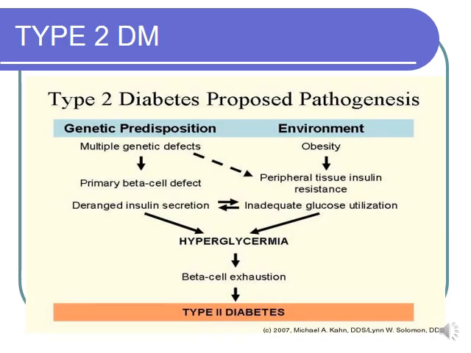Coming to type 2 diabetes pathogenesis, here you can see there is a genetic predisposition and environmental factors. Multiple genetic defects can lead to primary beta cell defect, and obesity can lead to peripheral insulin resistance. So deranged insulin secretion and inadequate glucose utilization, all these things can contribute to hyperglycemia, beta cell exhaustion, and type 2 diabetes.